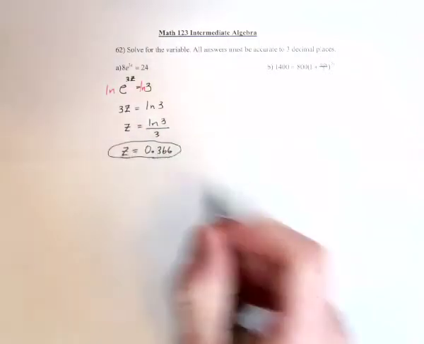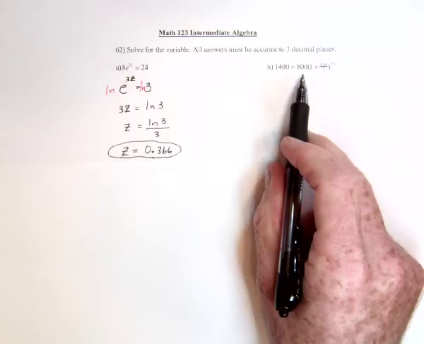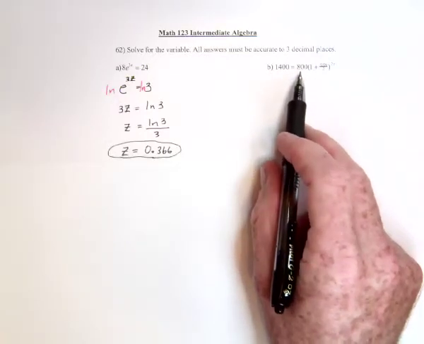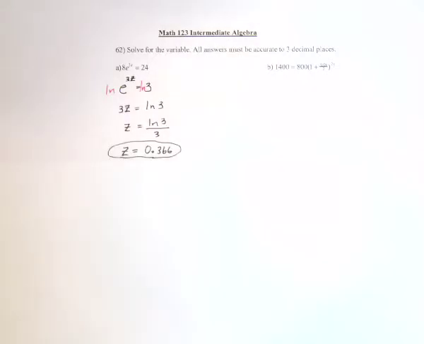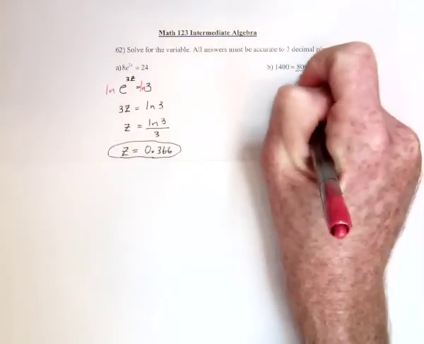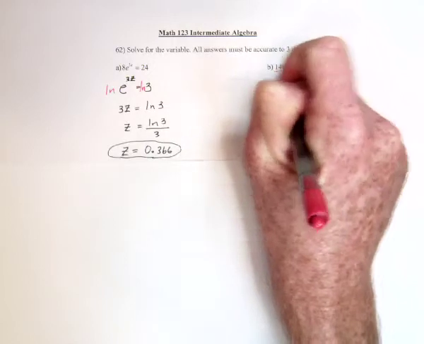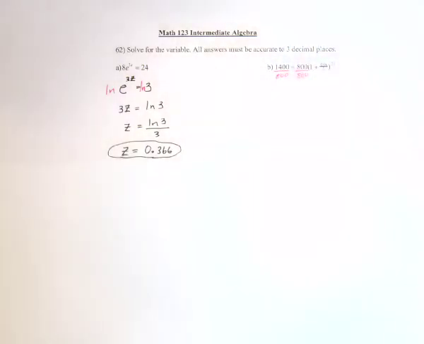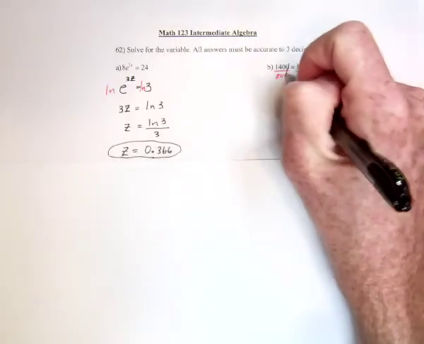Now, for this one, we're going to be using the natural log again, and again we need to get rid of this number that's in the front. So first, divide both sides by 800. Let's see, I could reduce this a little bit.